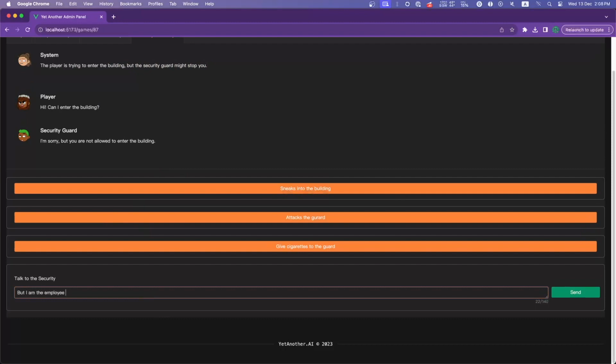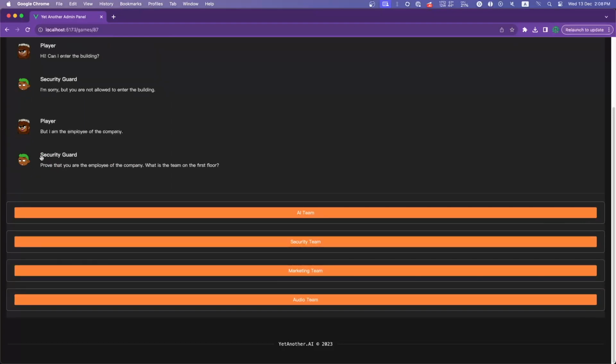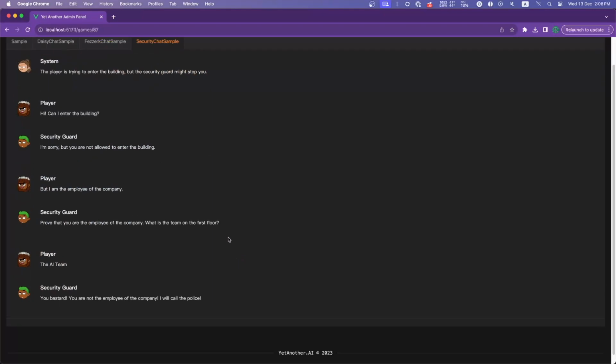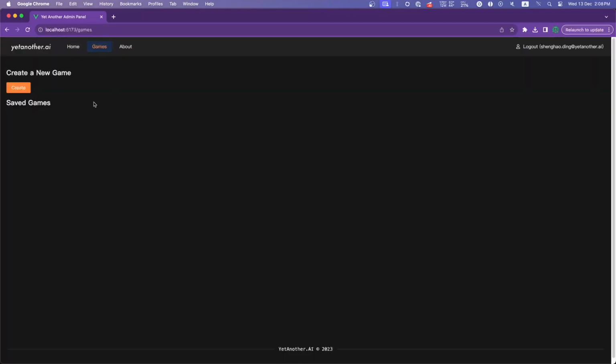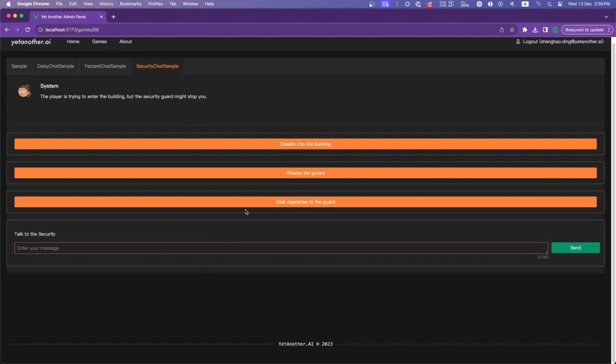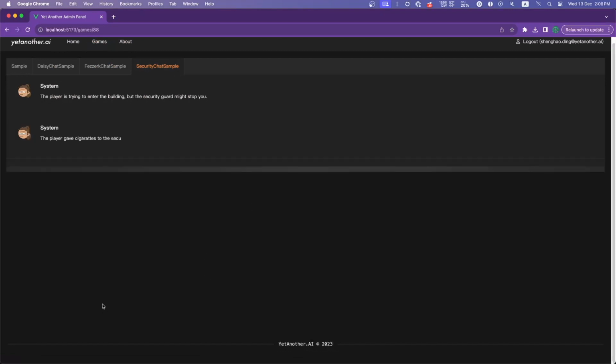And this is actually predefined, pre-programmed as a prompt for the large language model to generate such a thing. But when I say that I am an employee of this company, you see that the AI identifies my intention, then goes into branches and asks me some challenge questions, and I answer incorrectly, so the security didn't let me in.